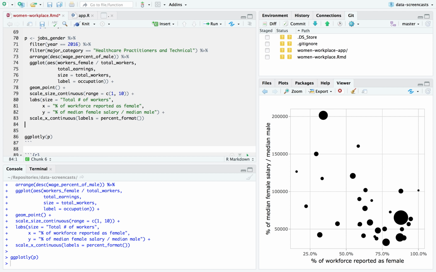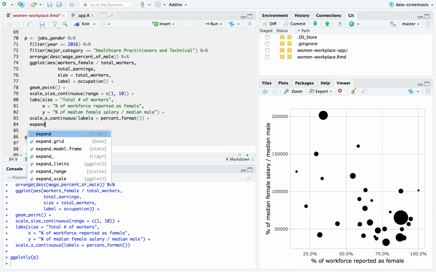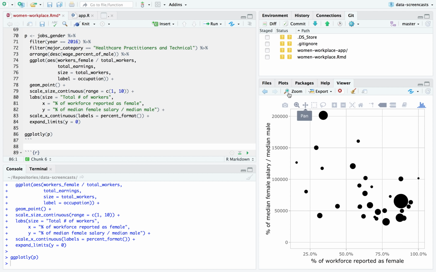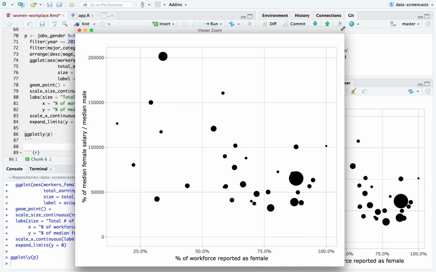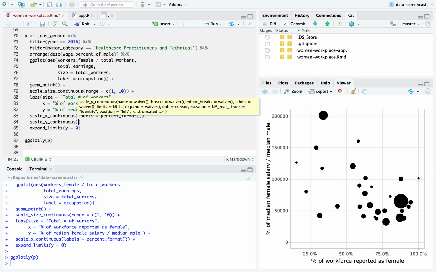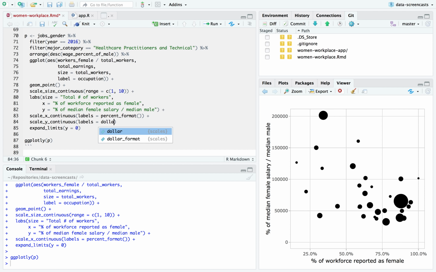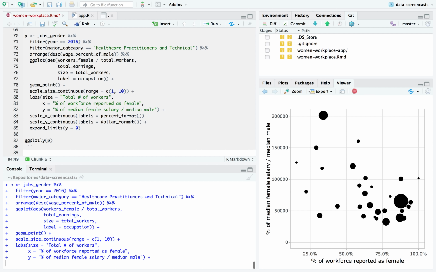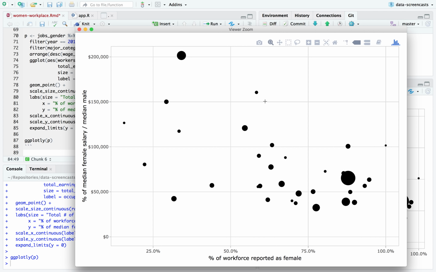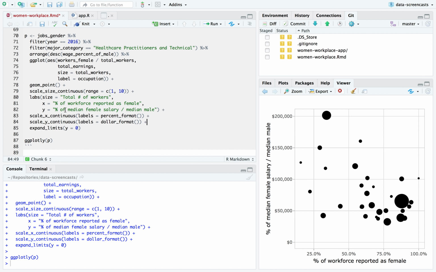I'm going to have it go to 0. I'm actually going to say continuous labels equals dollar format. This is in America, I believe, so these are in dollars, and I'll need to change the label median salary.